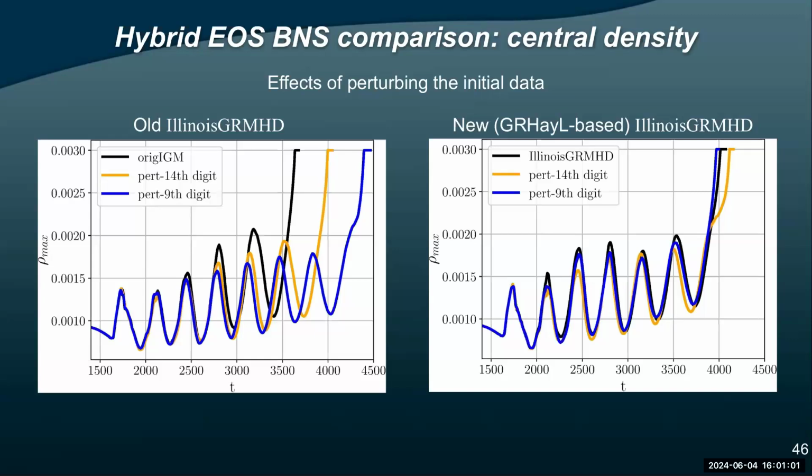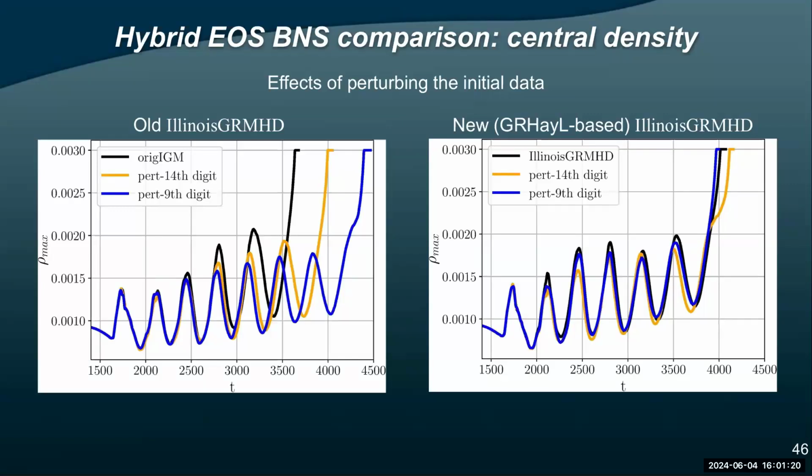Right. Obviously, I'll preface it by saying this is clearly not statistical; I would need to run hundreds of these to tell you that for sure with 90% confidence. But at least it appears that GRHayl does somewhat better in being the same.